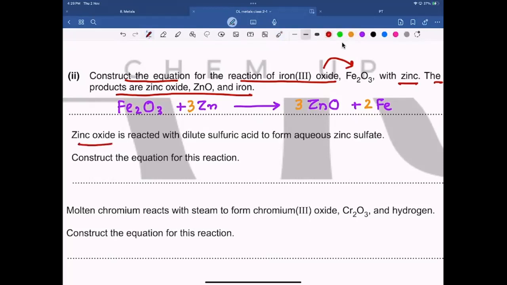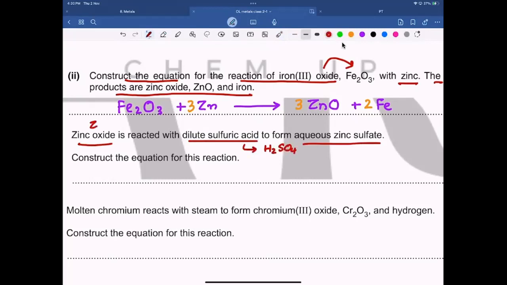Zinc oxide reacted with dilute sulfuric acid to form aqueous zinc sulfate. Construct the equation. Okay. You have to remember the formula of sulfuric acid. It is H2SO4.